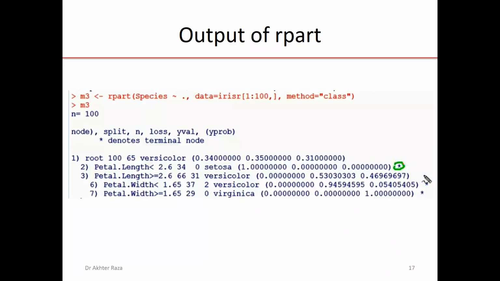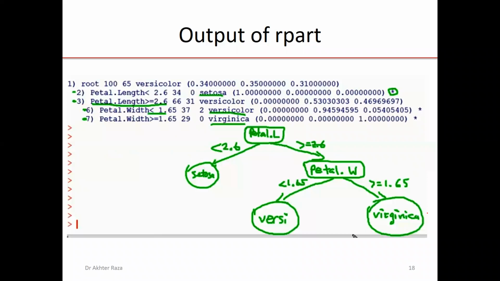An asterisk represents a terminal node. Setosa is a terminal node, with 34 elements in setosa. So this is a terminal node, and this is a terminal node. So we have only 3 terminal nodes, meaning no misclassification is there.